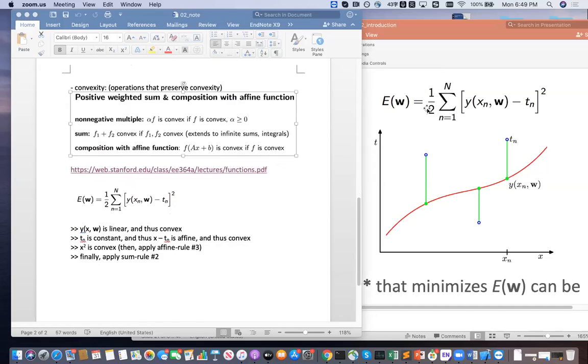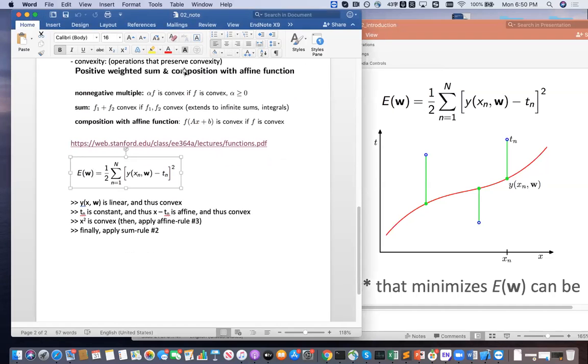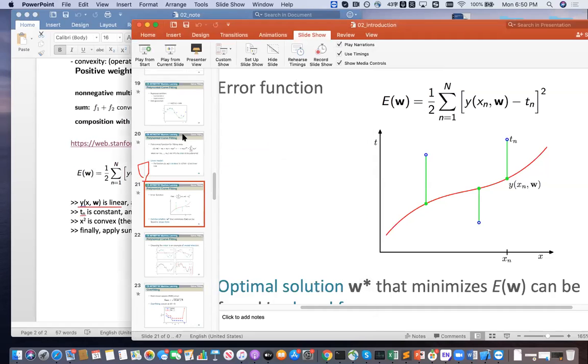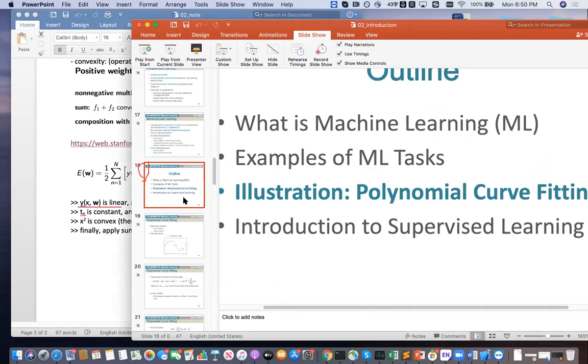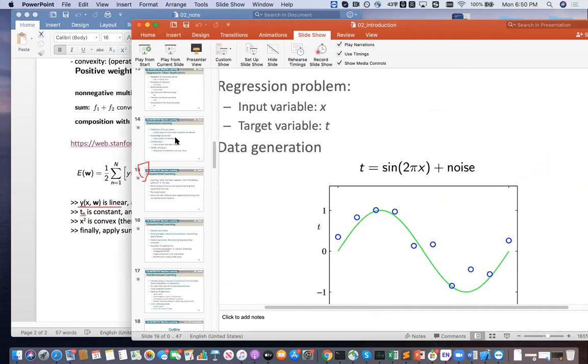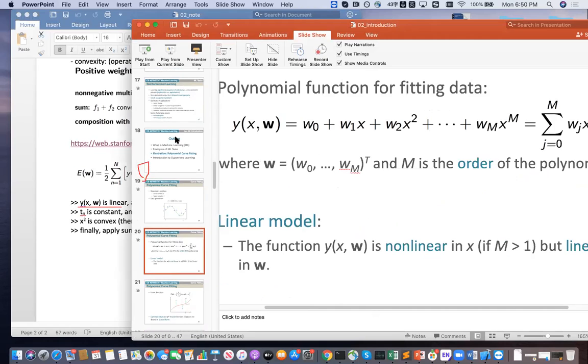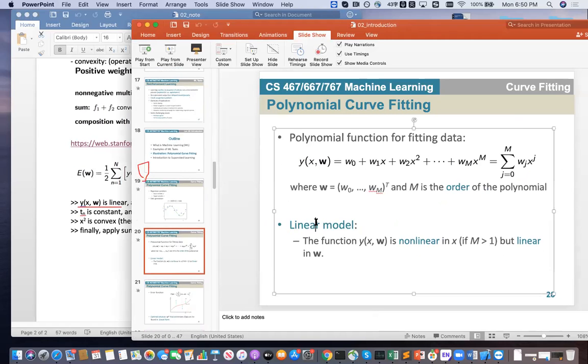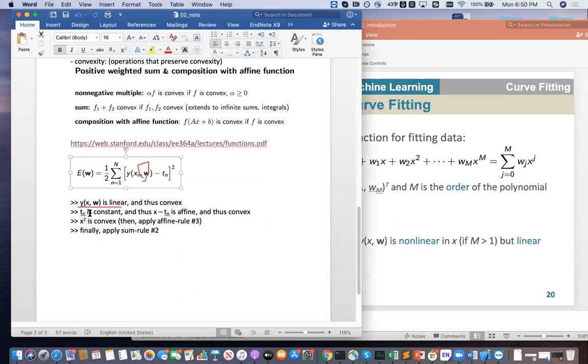For example, let's look at this error function. How can we see it is an affine function of W? The first thing you need to know is that this is linear, as we told you before. This function is linear to W, not to X, but to W. So this part is fine already.